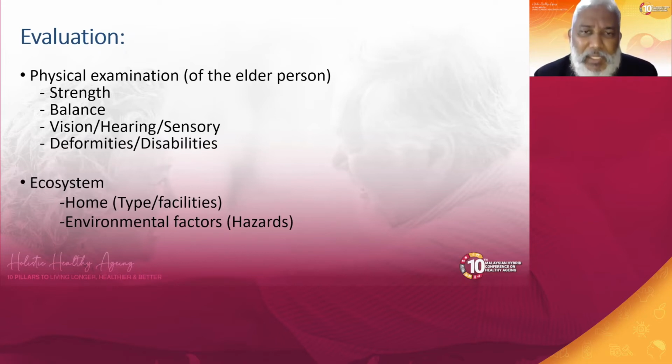We must assess the elder person in terms of their strength, their balance, their vision, hearing, sensory issues, and also their extent of deformities or disabilities, so that we can look into the ecosystem, their homes, the type of house they stay in, the facilities they are using, whether they are going outdoors, whether they are using public transportation or their own transport, and other needs. Yeah. And also the environmental factors, which are the hazards that I've spoken about earlier.